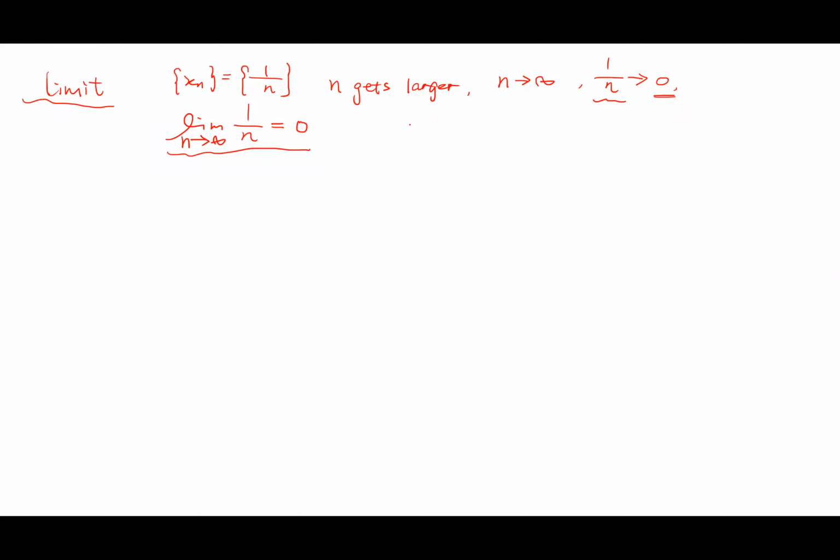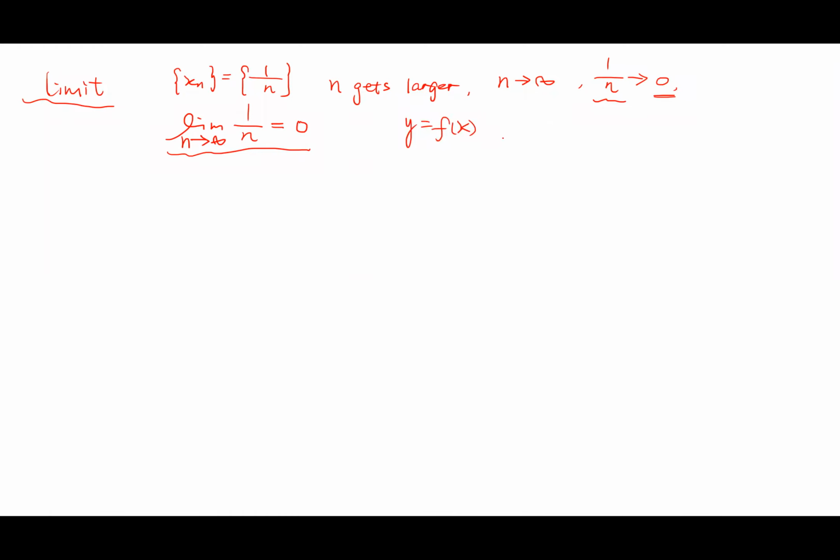For example, we have learned what is a function, right? So maybe most of the time we write like this: y equals f of x, right? And here we know sequence is a special kind of function.